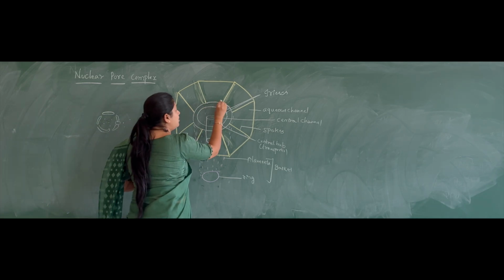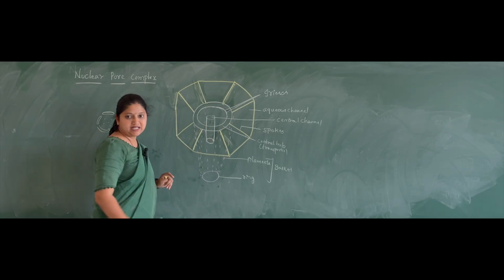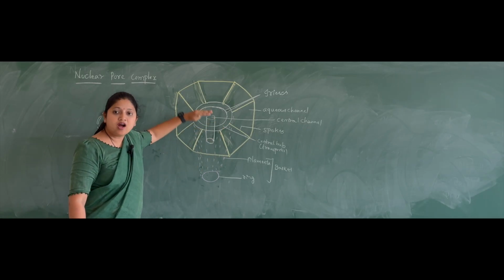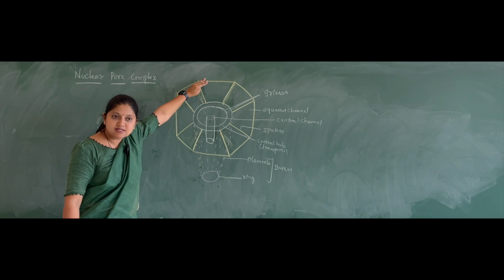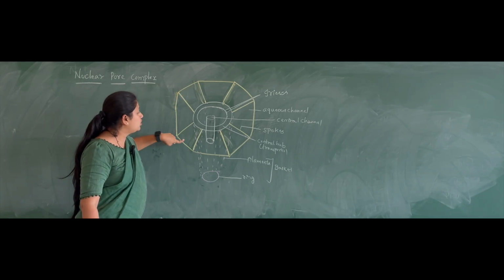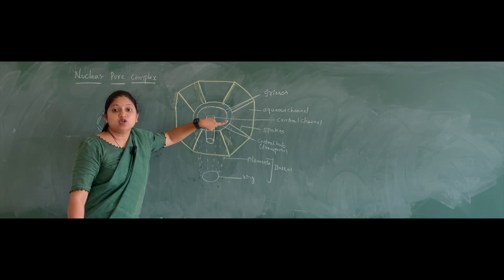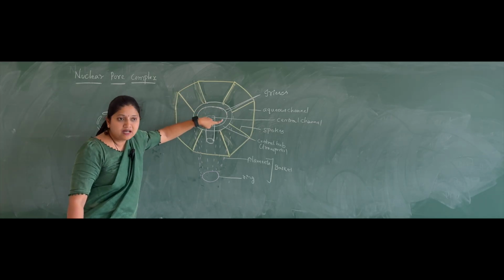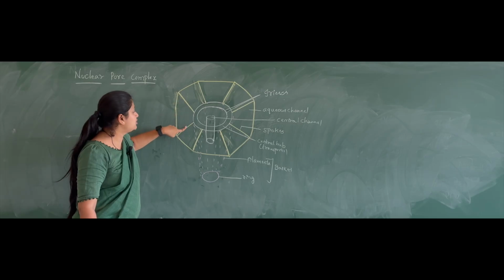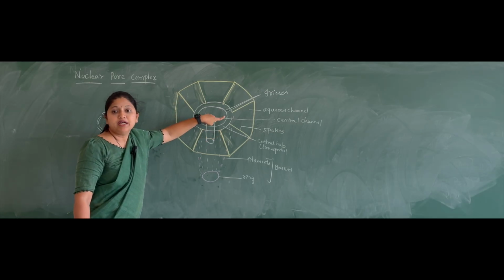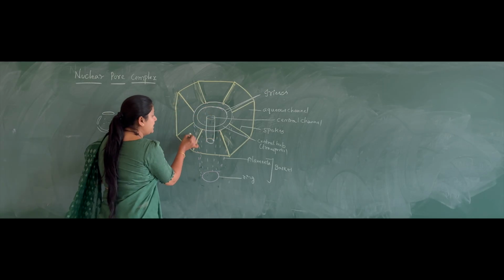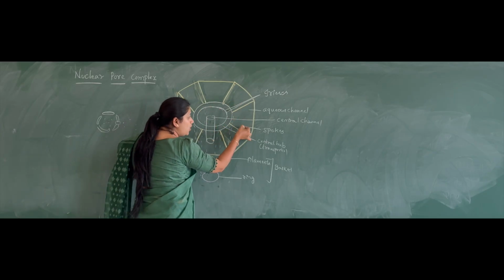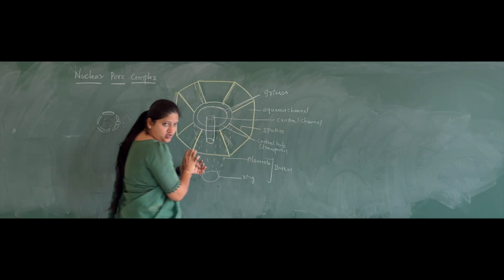Now, this is the core of the complex. Around this, on the side of the cytoplasm, there is an octagonal ring present. This octagonal ring is attached to the central hub with the help of 8 spokes, and the gap between the spokes is called the aqueous channel.